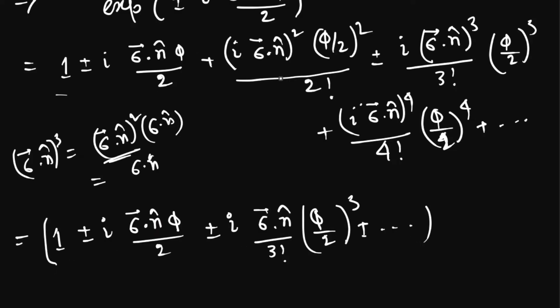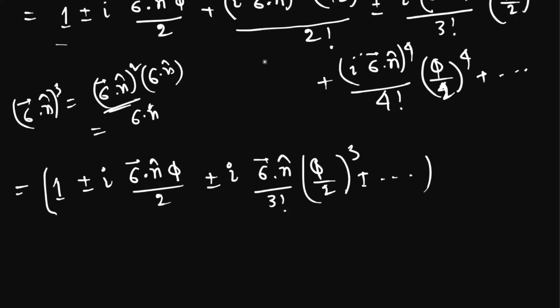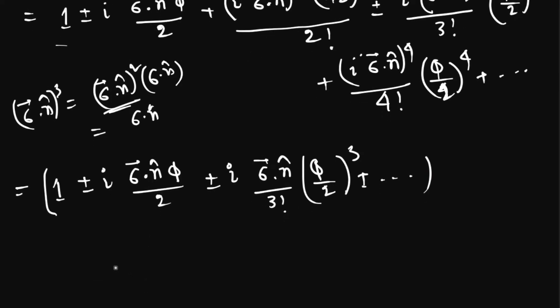And here, since sigma dot n cap square means the identity operator, this can also be simplified to minus phi by 2 whole square by 2 factorial, plus this also is plus.